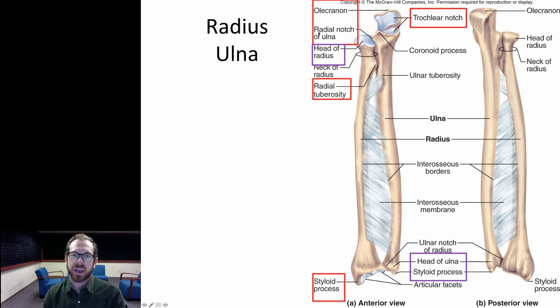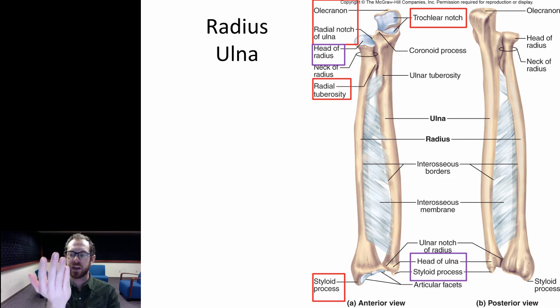Now we also have on the ulna a feature called the radial notch, which is going to be up here. And this is where the head of the radius attaches to the ulna. And it looks like this really smooth surface on the ulna.